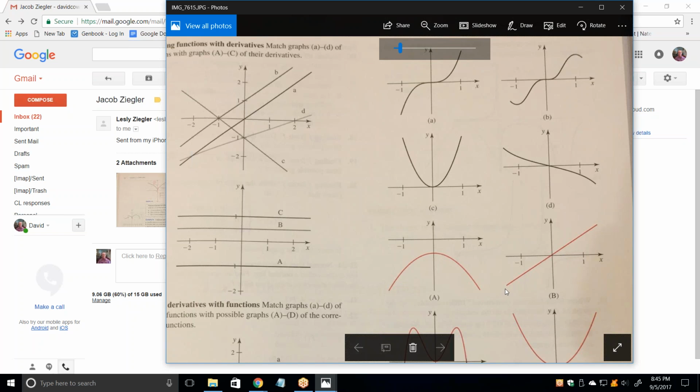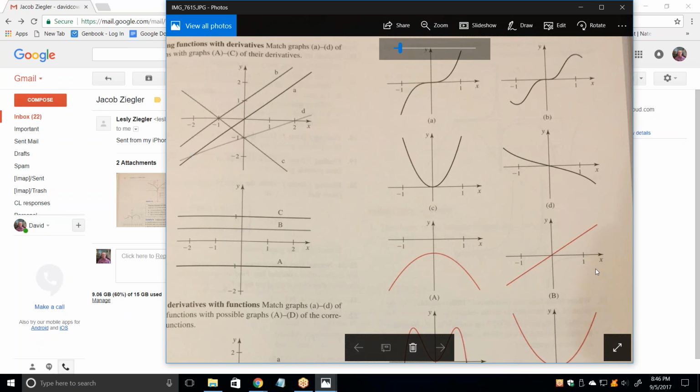This red line is increasing from there to there, but it's negative. It's also increasing from there to there, but it's positive. So increasing and positive do not mean the same thing. Differentiate between the two. Okay.